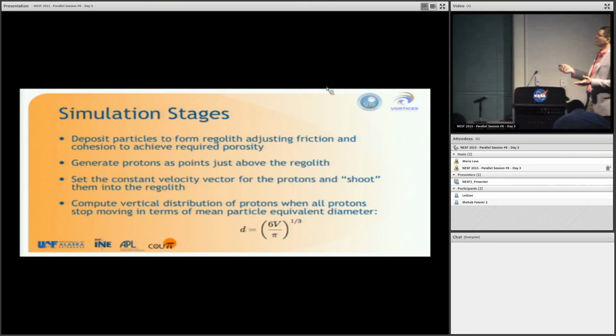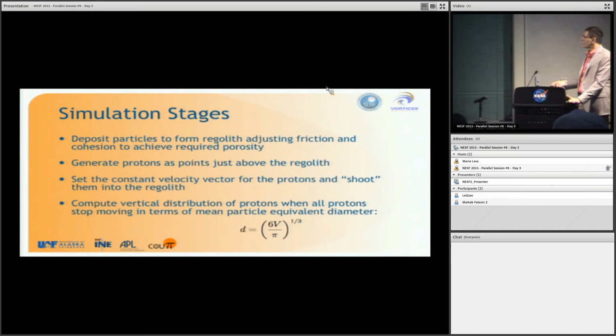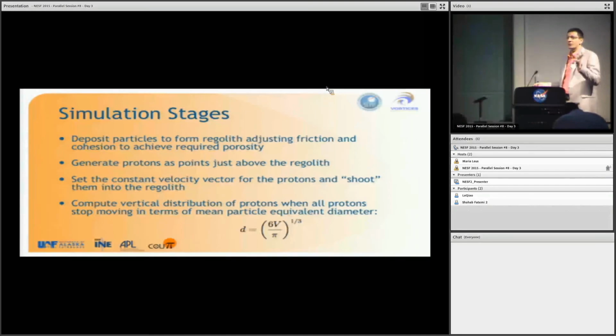So all together, we deposit the particles, generate the protons just above the regolith, set the constant velocity, shoot them, and then compute the vertical distribution. We calculate the distance in terms of the equivalent diameter of the particle, which is the diameter of the sphere that has exactly the same volume as the grain.